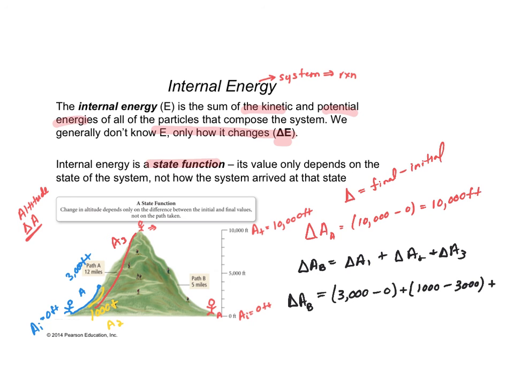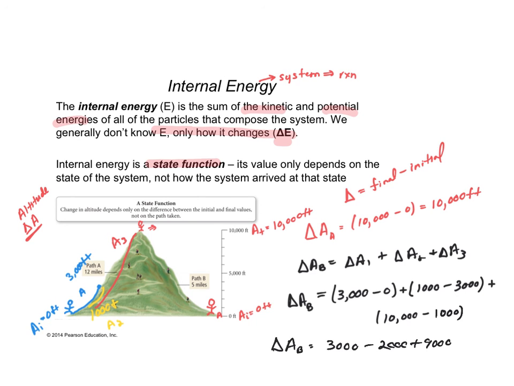Then we're going to add that to segment 3, where we started at 1,000 feet and then hiked up to 10,000 feet. 10,000 is our final, minus 1,000 is our initial. So when we add all these together, we get 3,000 minus 2,000 plus 9,000.